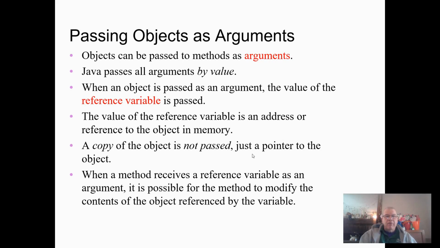So it's not a copy of the object that's passed, just a pointer to the object. You can imagine that a large object would be very cumbersome to create every time it was passed.